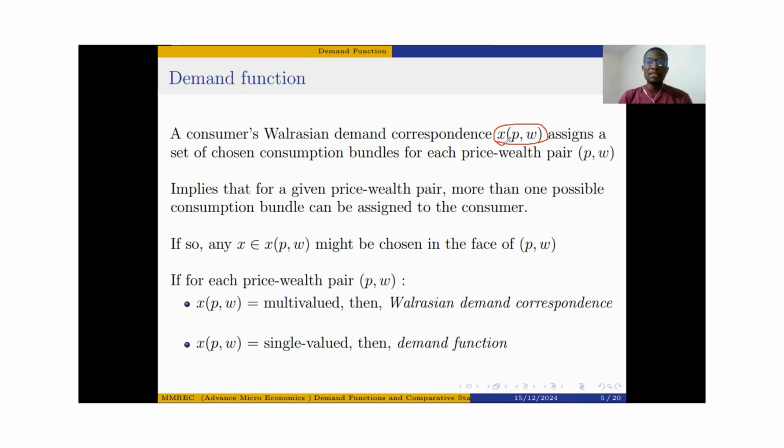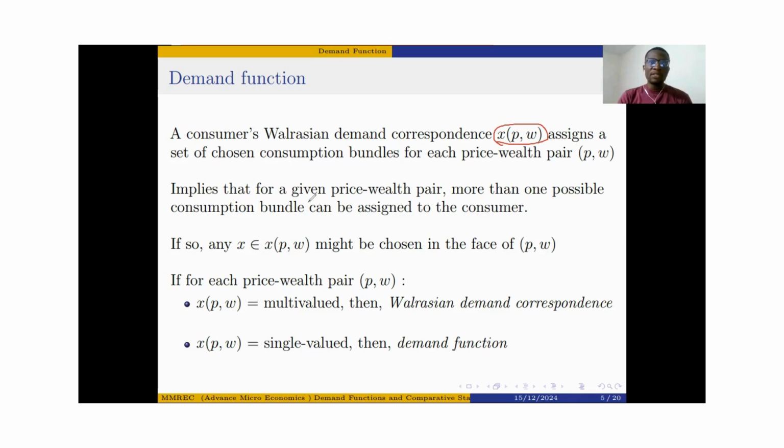The understanding is that given price and given wealth, the consumer has the ability or the choice of choosing from different bundles that would give him the same level of satisfaction. And that is the Walrasian demand correspondence, where a given budget set can afford different choice bundles that would give an amount of satisfaction to the consumer.